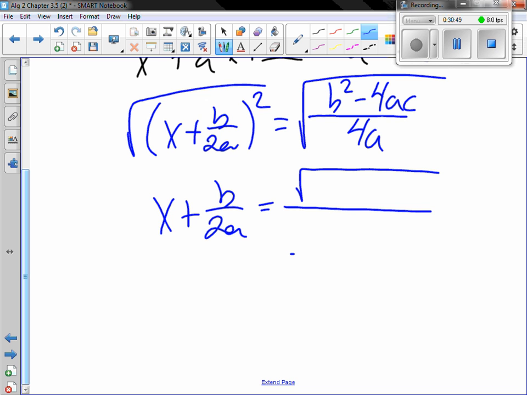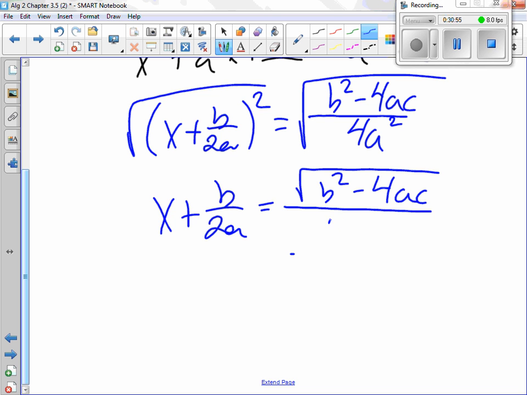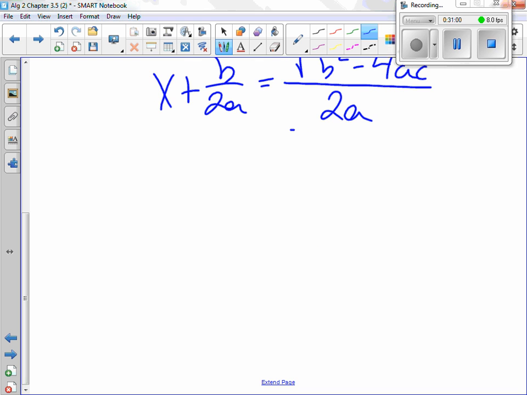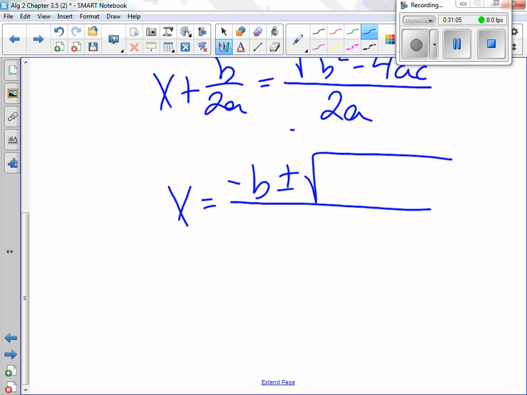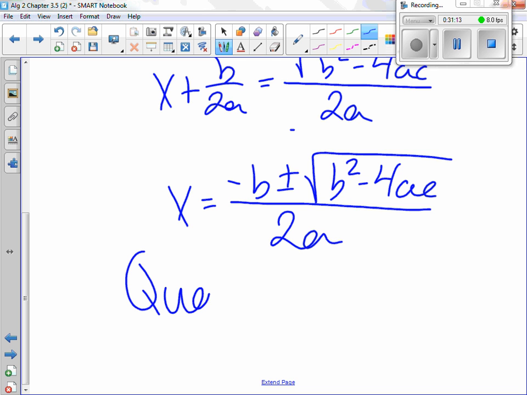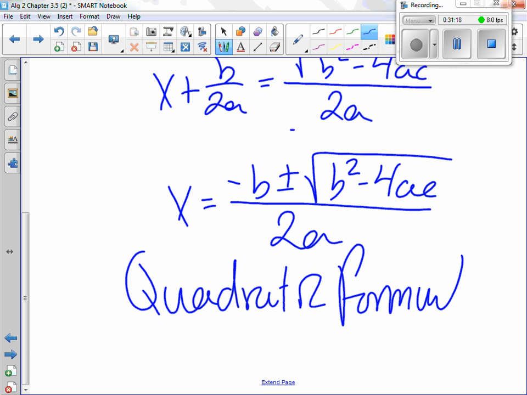And we square root this, so we'll get the square root of b squared minus 4ac over 2a. That simplifies this here if we subtract, so this solution for any quadratic is this here, the quadratic formula.